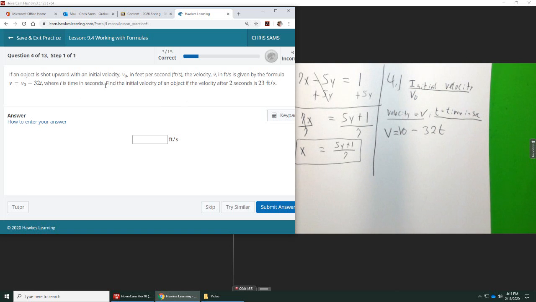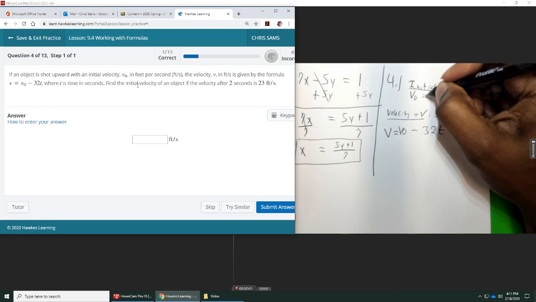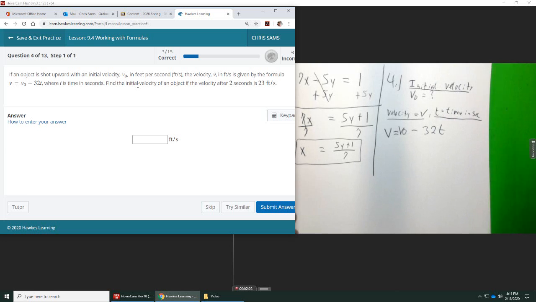And now the question wants us to find the initial velocity. So I'm looking for this character here, v sub 0. I don't know what that is. If the velocity after 2 seconds is 23 feet per second, so they're telling me the velocity and they're telling me the time.